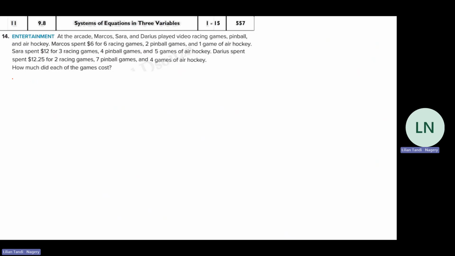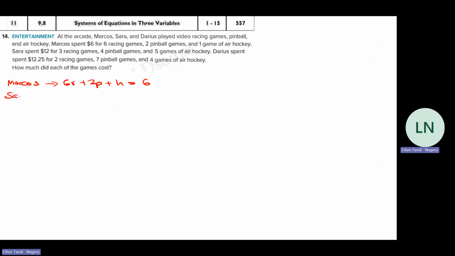Okay. So Marcos spent $6 for 6 racing games, 2 pinball games, and one air hockey. So I need to write the equation for Marcos. So Marcos will be 3R plus 4P. I disagree. 6R plus 2P plus H, and he spent $6.